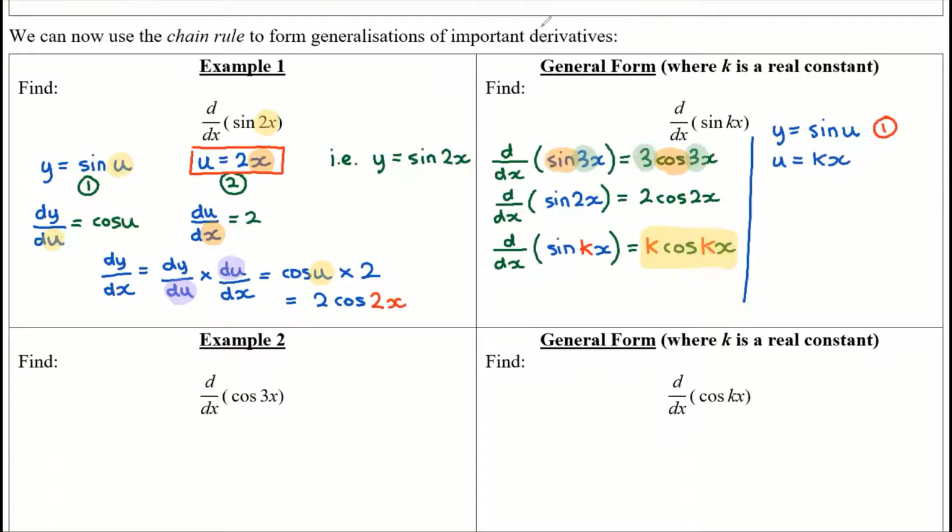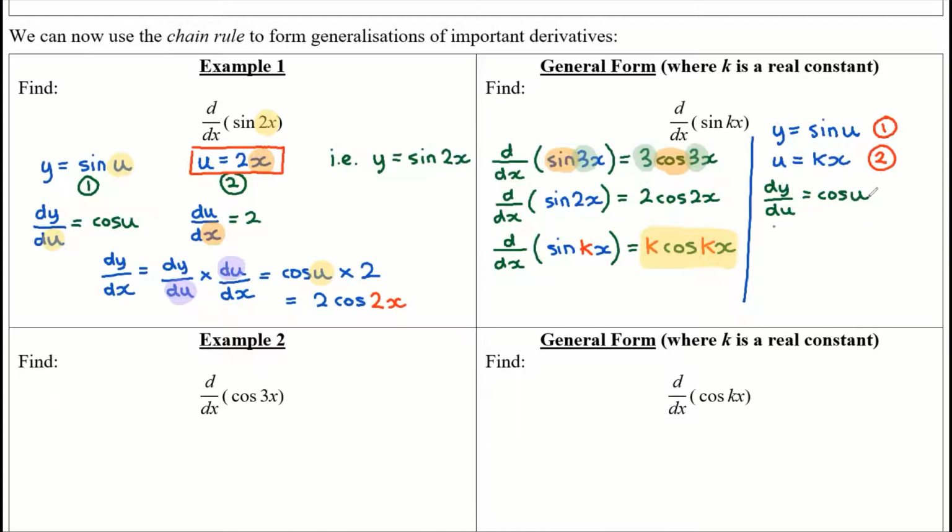Nothing to be afraid of. Let's differentiate them separately. We would have dy by du, which equals the derivative of sine, which is of course cos. So this is checking out, isn't it? That's going to be cos u.